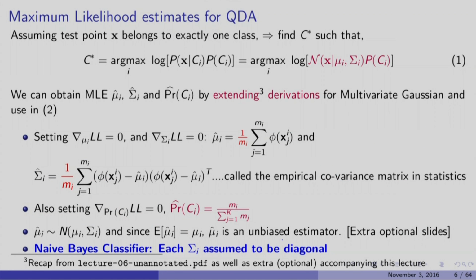A third term that is specific to use of generative models for classification is that of the prior. The class prior has a maximum likelihood estimate which basically is the fraction of points that belong to that class.